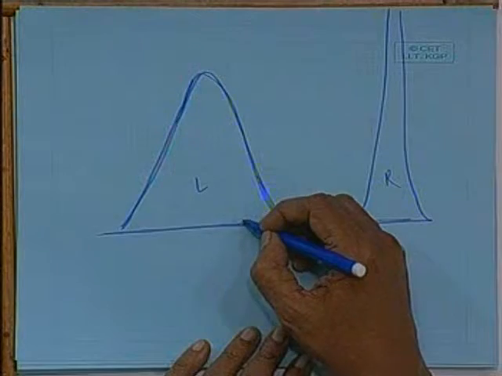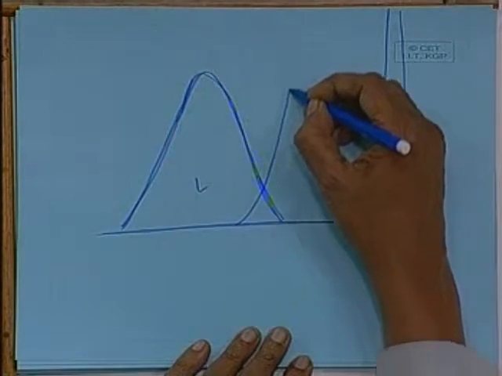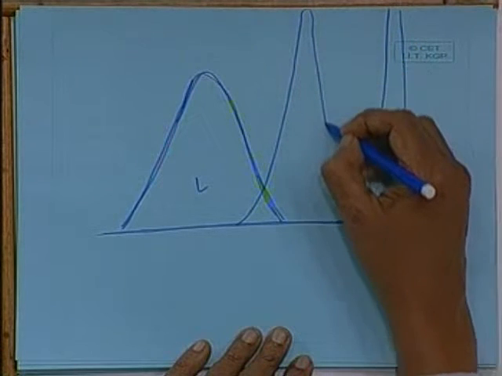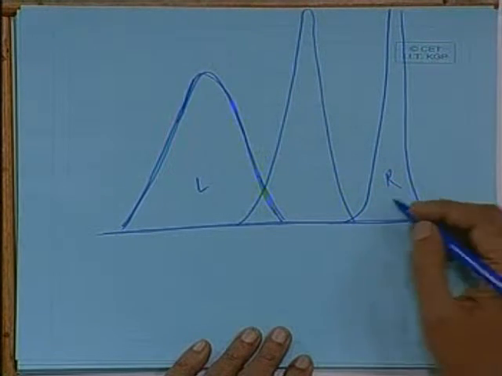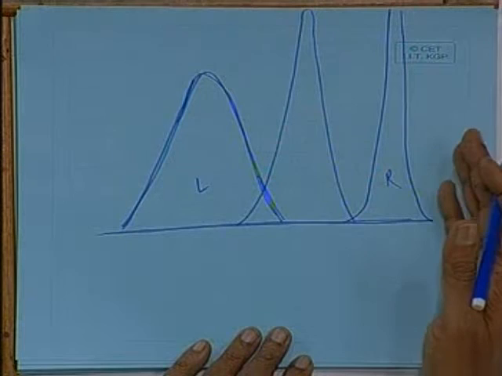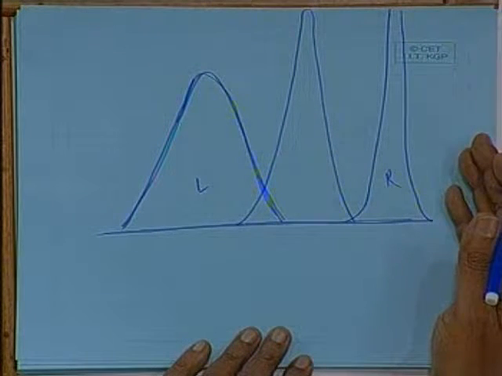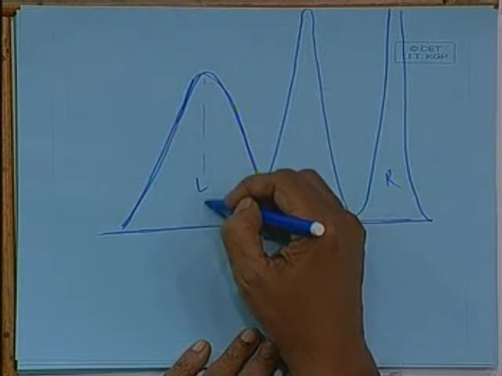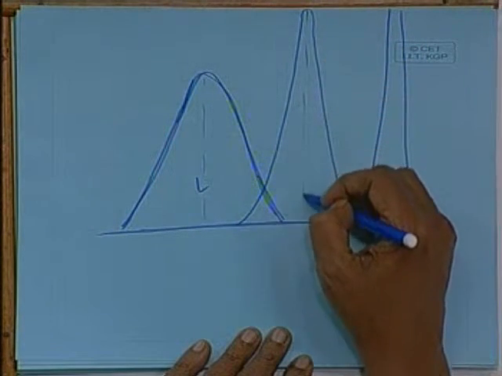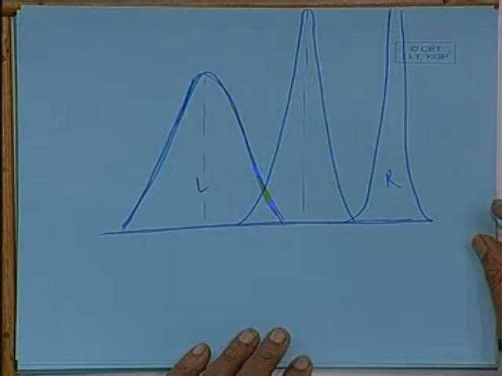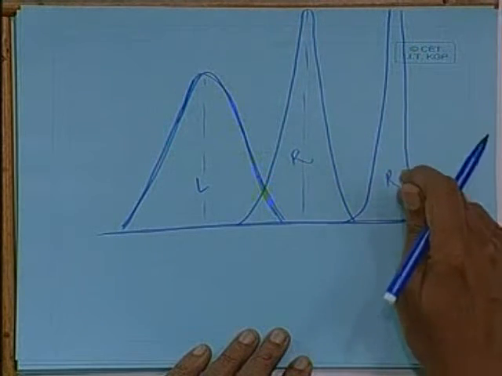Normally, I will go for a structure which will be peaked something like this. Do you get it? That means the mean of the load curve is to the left of the mean of the resistance curve. This is the ideal case.